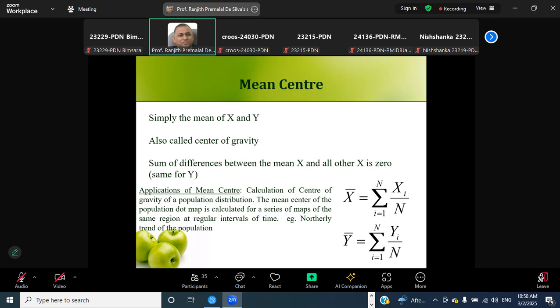And for example, if you take that for a particular year, you find the mean center of the population of the country. And after every 5 years, when you look at it every 5 years, you calculate the mean center. Then what you will see is that with time, people are moving towards the western province.